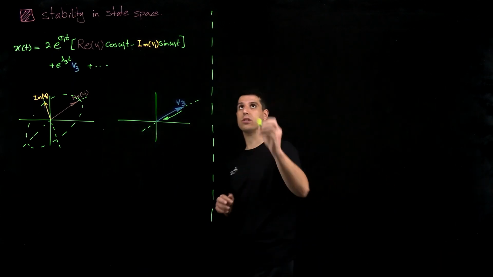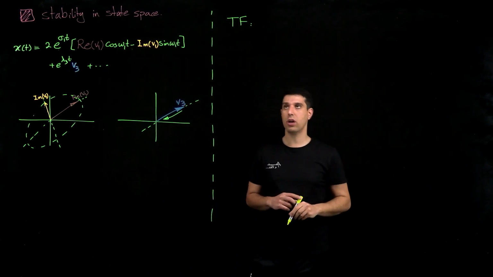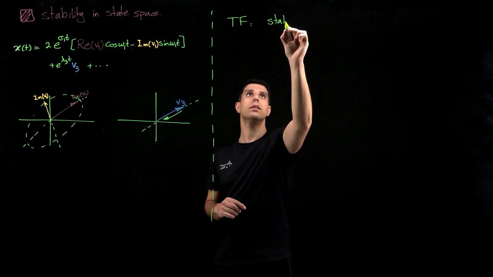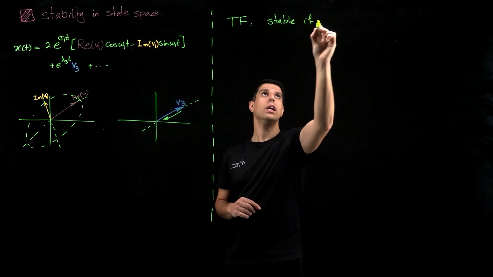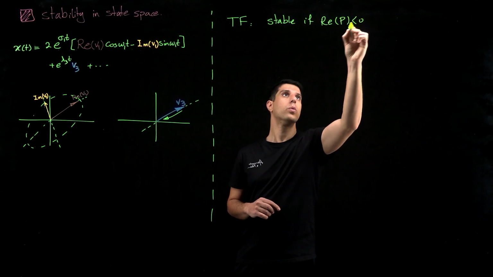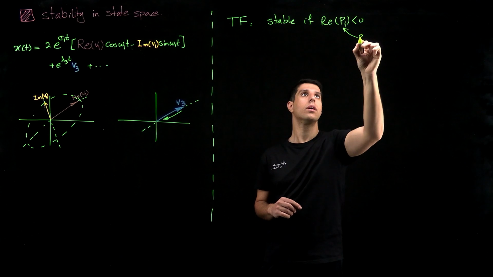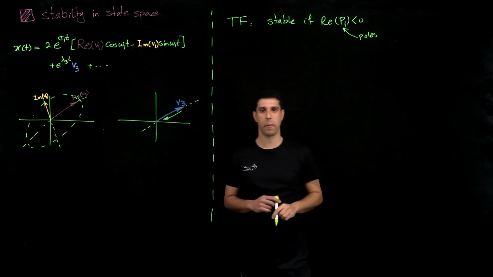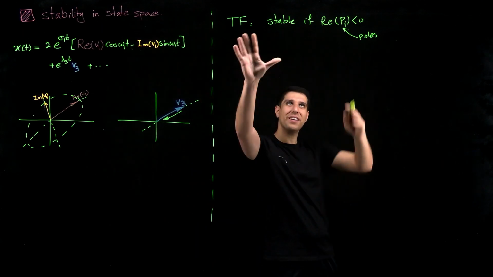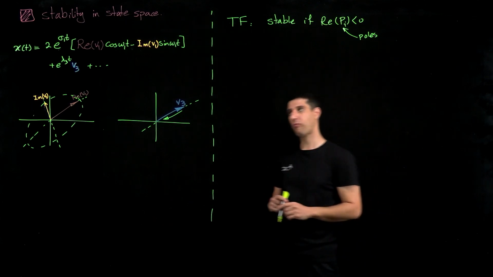Before, in the transfer function domain, we also saw the system was stable if the real parts of the poles were negative. These were the poles of the system. So you can try to ask this question: are they the same thing? Are they not? Were they similar? What can we make sense of it?